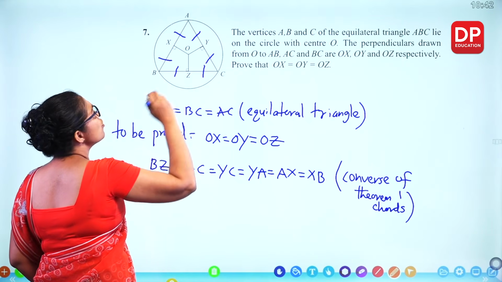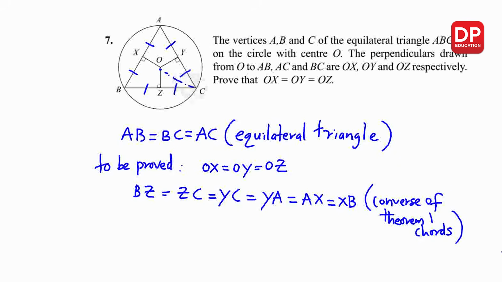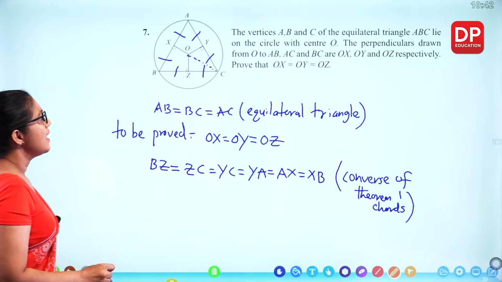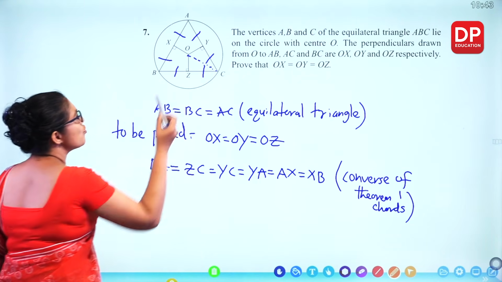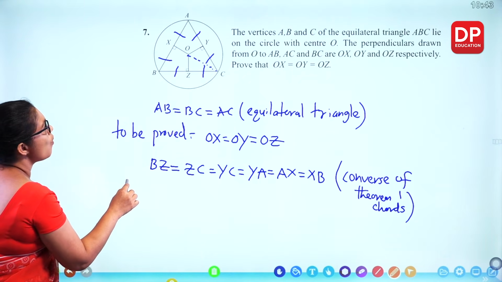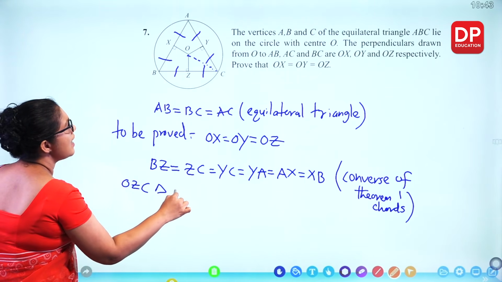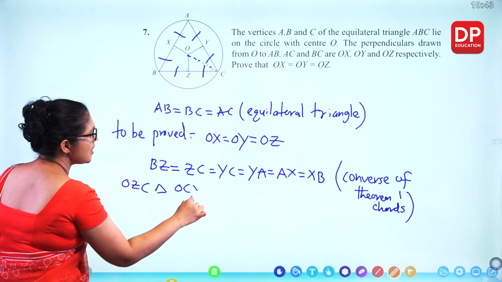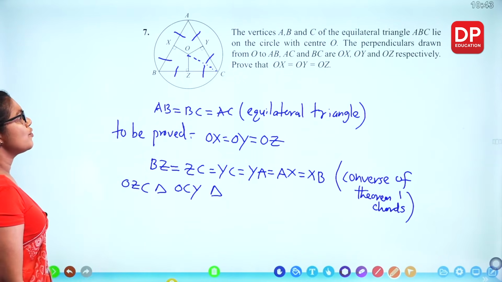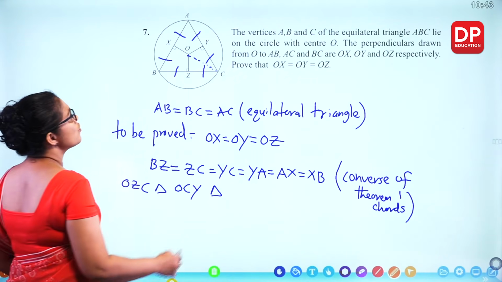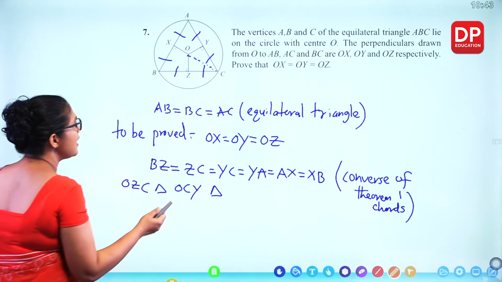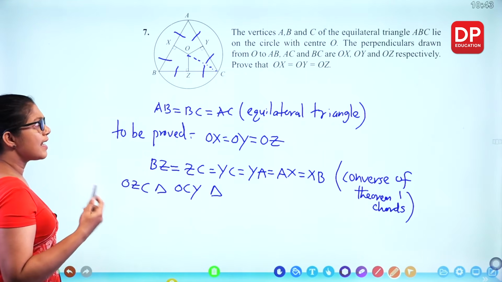Now I want to draw a line here and I want to compare these two triangles. So we'll take OZC triangle and OCY triangle. What can you say about these two triangles? Here these lengths are equal and this is a right angle triangle.